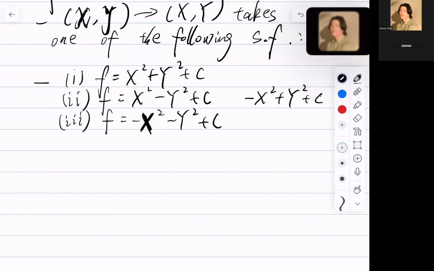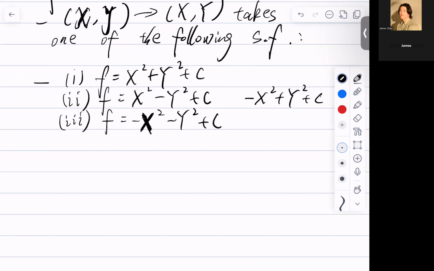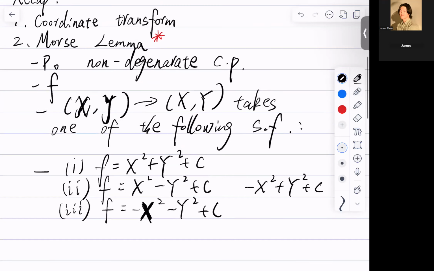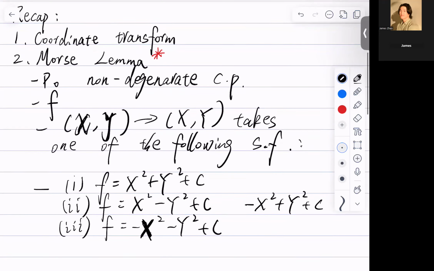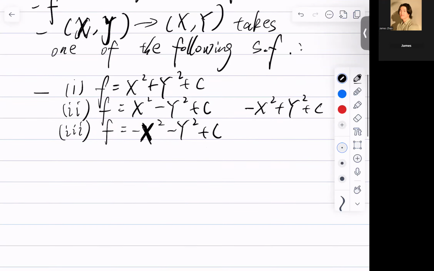C is some constant, and P naught is the origin, (0, 0). Those are the key ingredients of what the Morse lemma is.